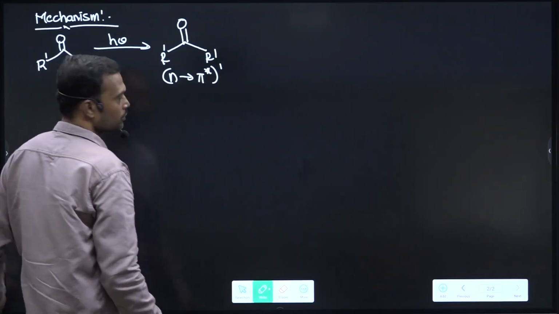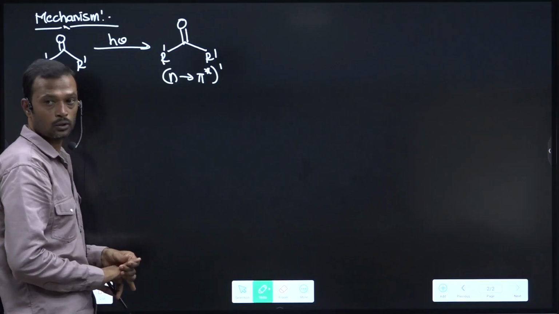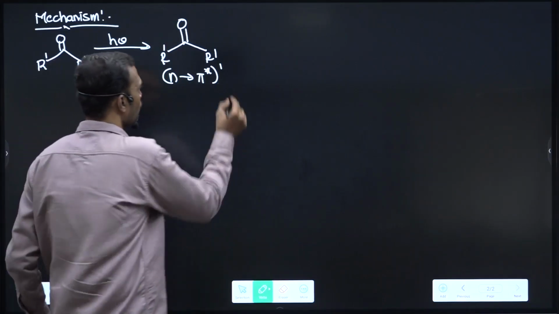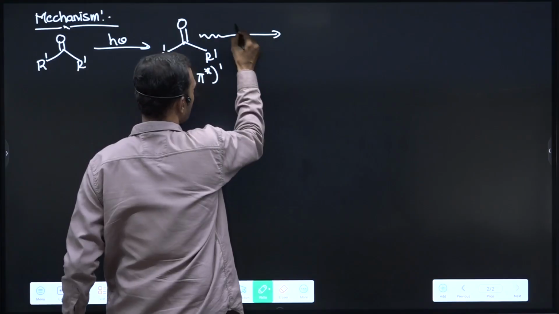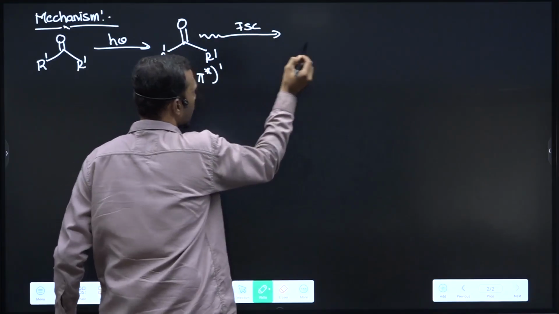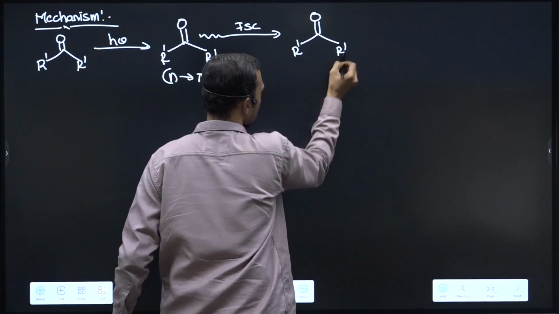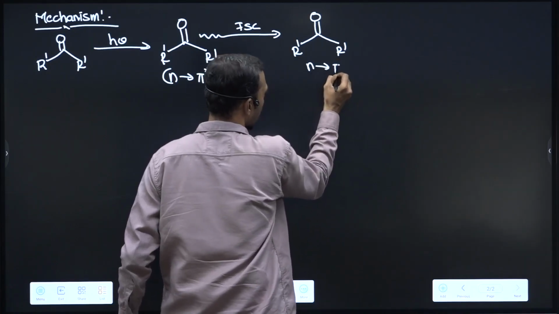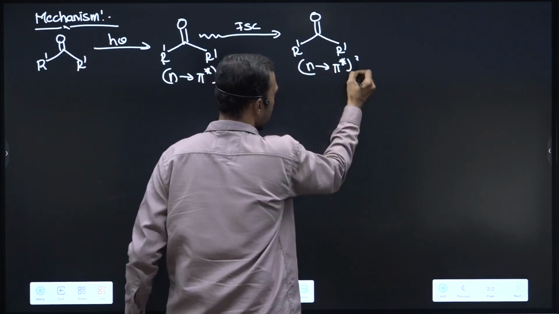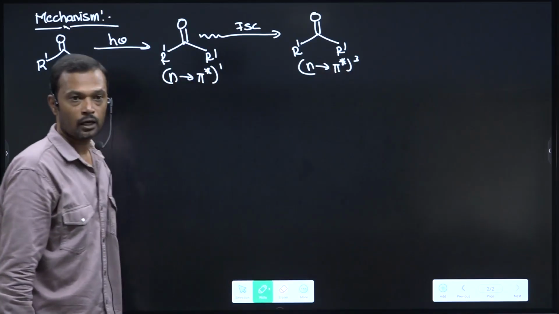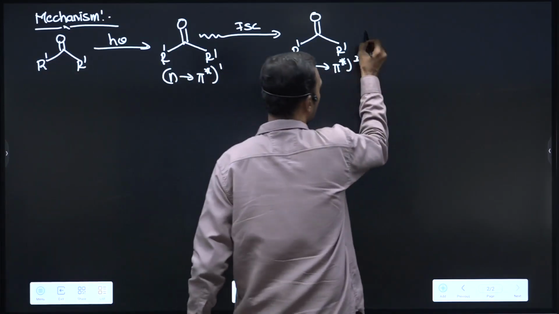Now this activated singlet molecule undergoes, don't write, just listen, intersystem crossing. Intersystem crossing is responsible to give this, R dash and R dash. What about next? n pi star triplet. Now it is combining with a ground state partner of olefin.